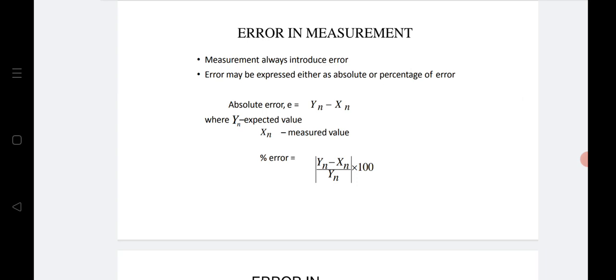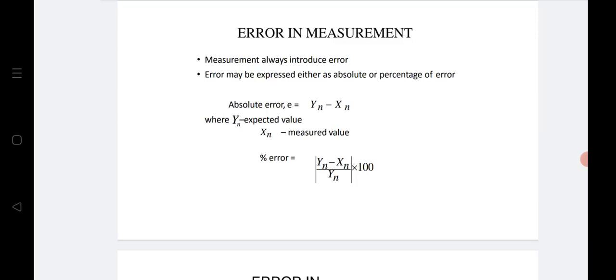Measurement always introduces an error. So whenever you take a measurement, there will compulsorily be an error. Now you should know what percentage of error has occurred. So how are you going to calculate that? Error may be expressed either as an absolute error or a percentage of error.